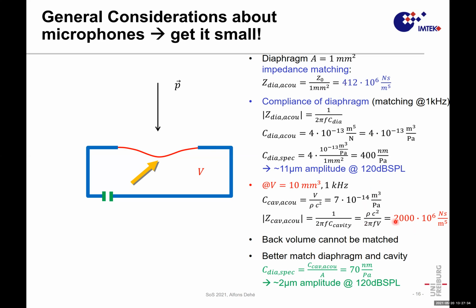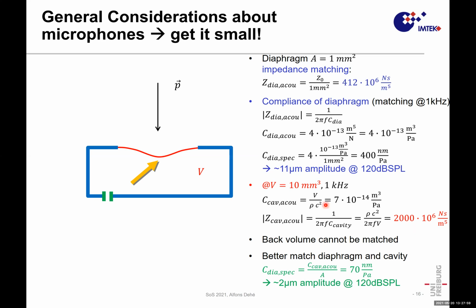This means that in this situation, the impedance of the cavity is dominating. So I have a soft membrane and a stiff back volume. It doesn't make sense really. I cannot make use of the compliance if it is limited by the impedance of the back volume.